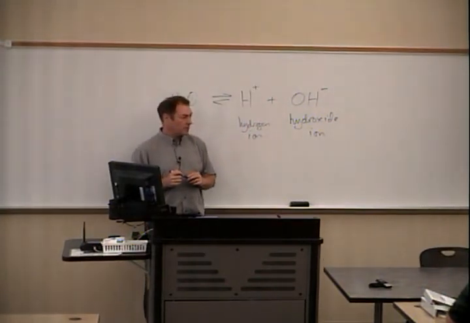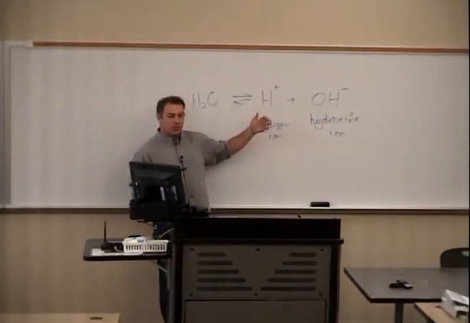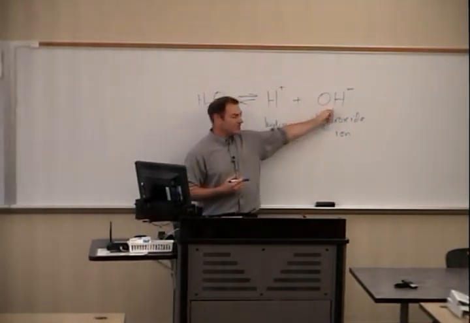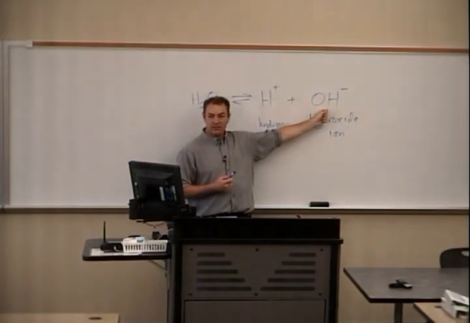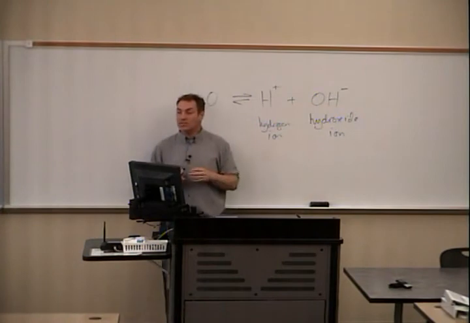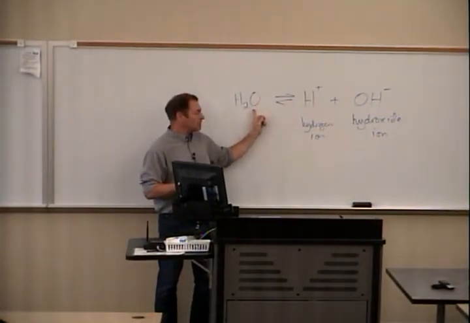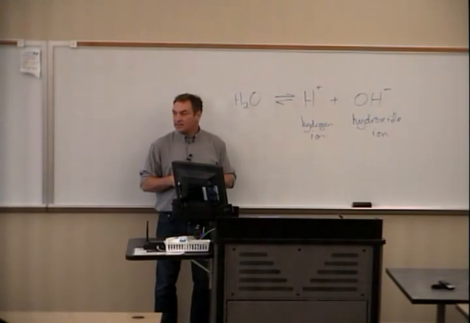That means in a sample of pure water that the concentration of hydrogen ions is exactly the same as the concentration of hydroxide ions. Is everyone okay with that? Let's just say that in a litre of water, I had 10 water molecules that dissociated.